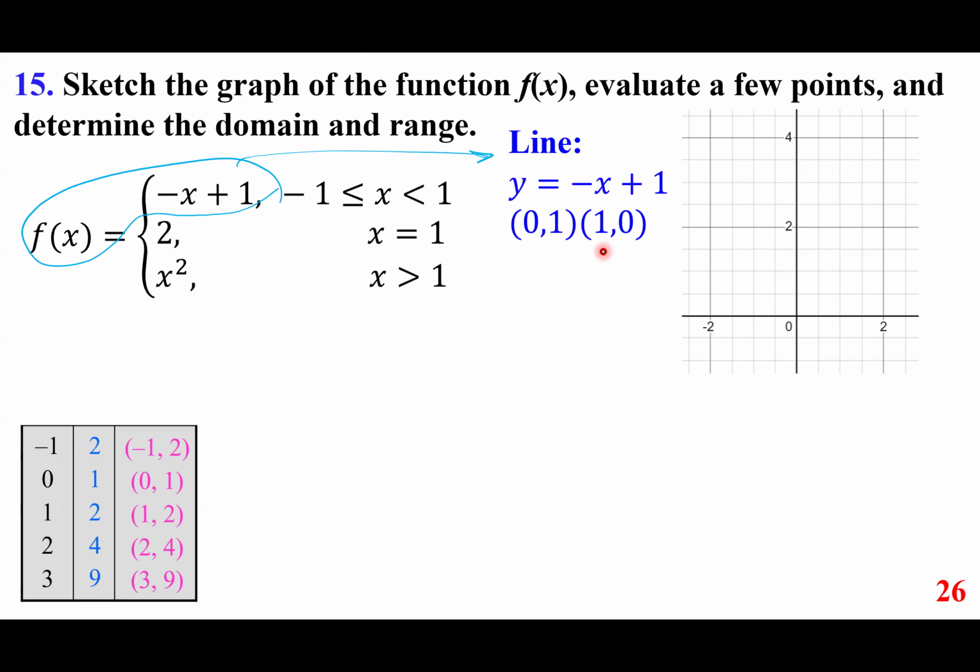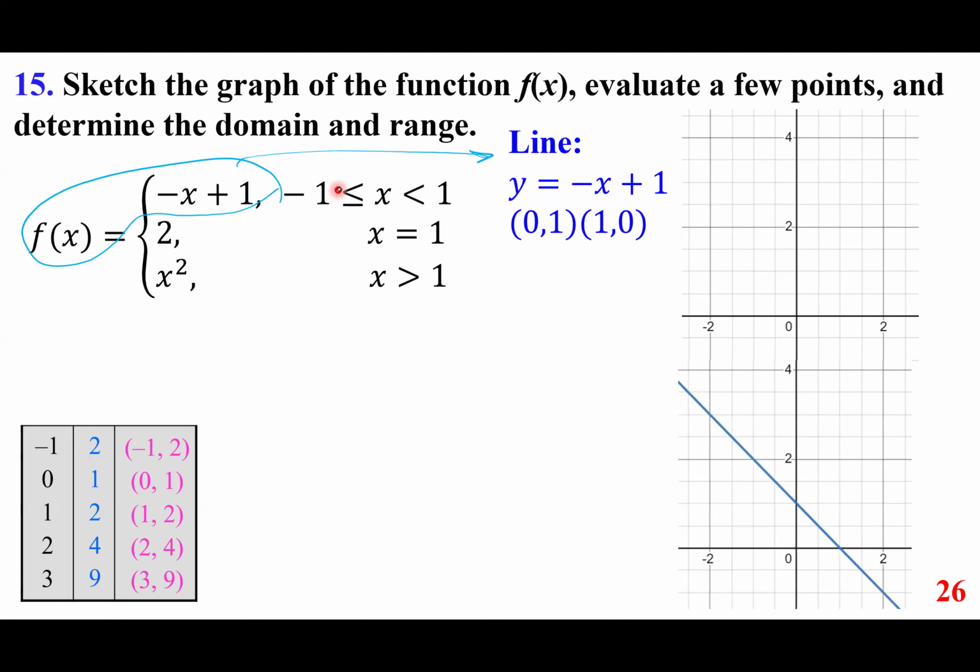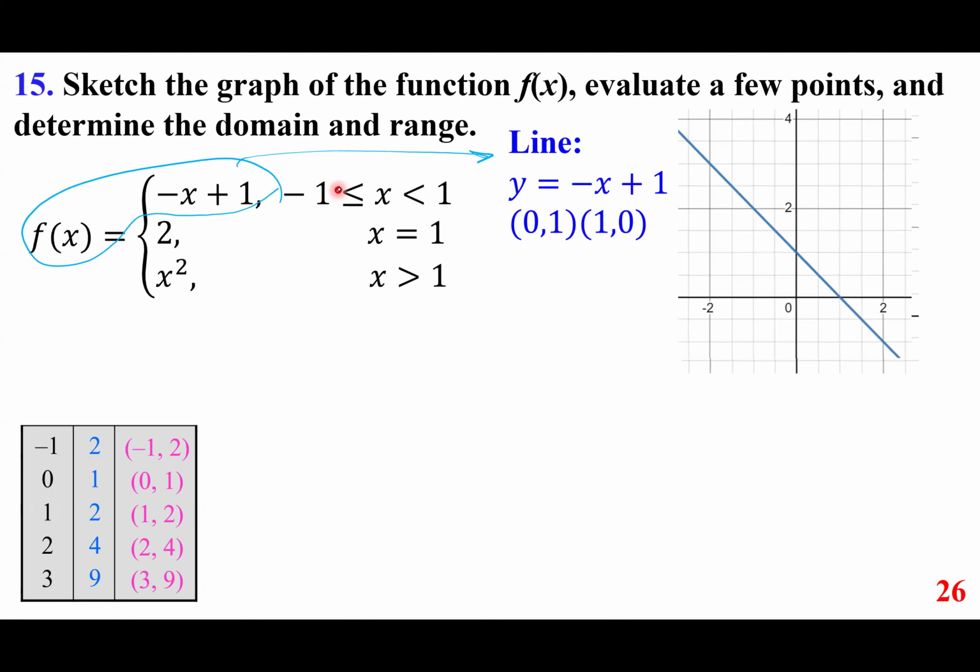And I'm going to graph the line, and I'm not going to even look at the restriction for now. So 0, 1, 1, 0, and that's the graph. Then we have the point 1, 2.